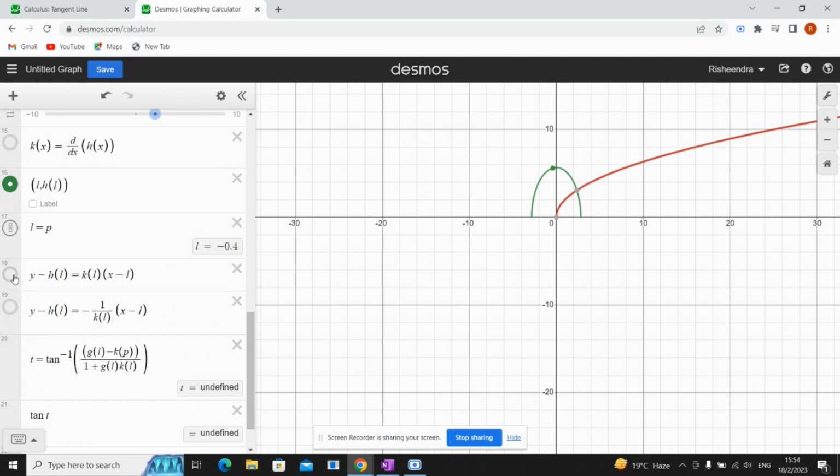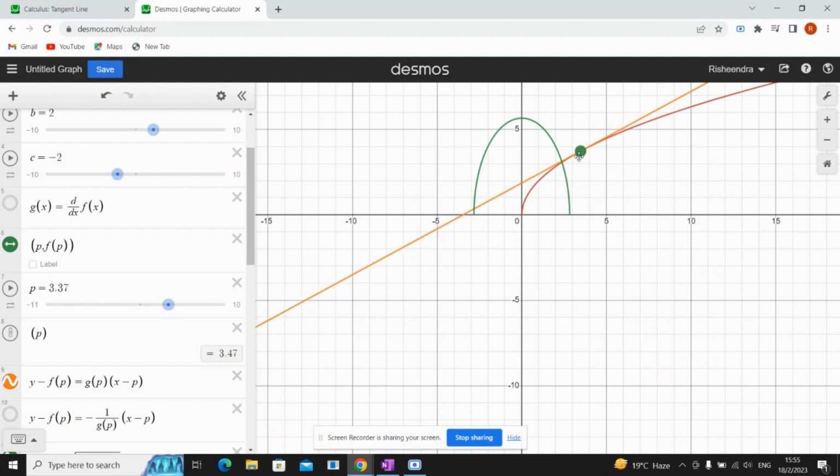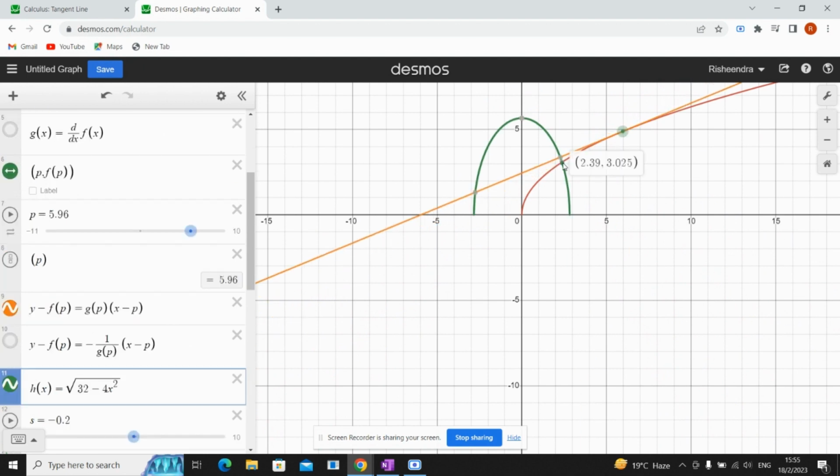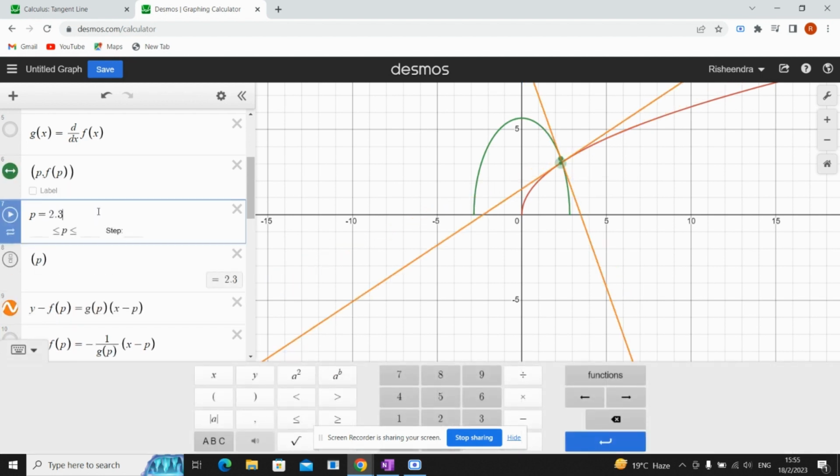Look here. How it is moving. See, at this point, where is the point of intersection? Find the point of intersection first. It's 2.372. P is equal to 2.372.